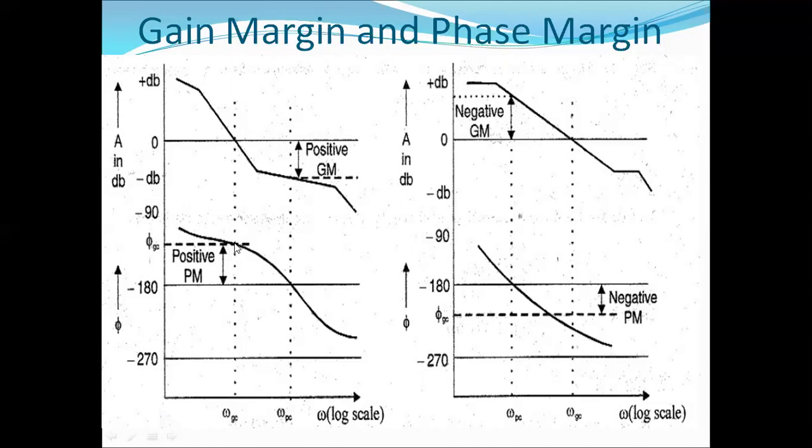That phase angle plus 180 will give the phase margin. So from the plot, if it is above minus 180, you will get a positive phase margin. Below minus 180 degrees, you will get a negative phase margin.